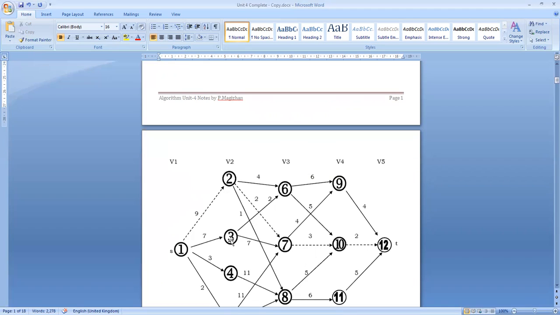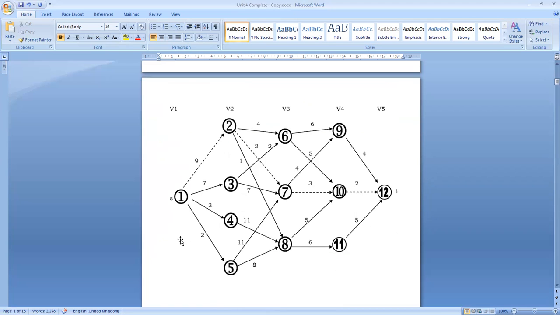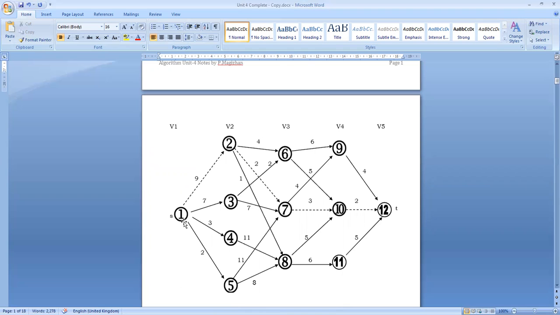Then cost value from 1 to 3, that is 9 in the previous case, 9 plus cost value from 2 to 12. Then 7 plus cost value from 3 to 12, 3 plus cost value from 4 to 12, 2 plus cost value from 5 to 12. Among these, which is minimum? That is the minimum cost path from 1 to 12.